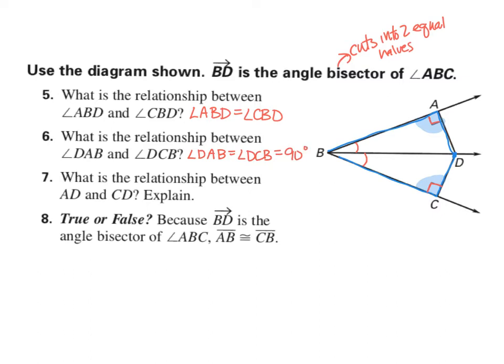Question 7. What is the relationship between AD, right here, and CD, right here, these little segments? Well, we know from the angle bisector theorem that if a point is on the bisector of an angle, which point D is on BD, so D is on BD, which is the angle bisector.